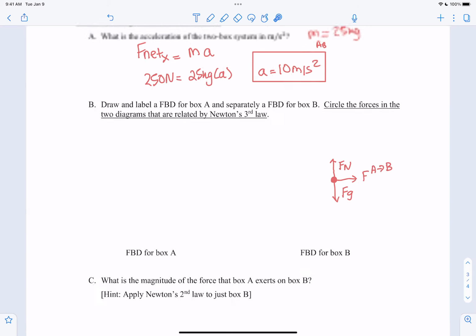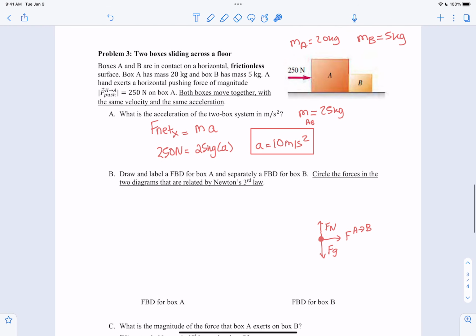So the thing is, Eric, this is where you and me both kind of mess things up a bit. Yes, there is A to B and there's also B to A, right? You're absolutely right. We're not wrong there. The issue is, where do I indicate those forces?